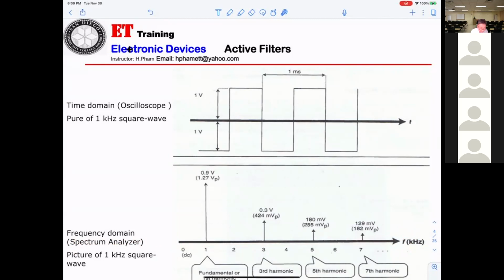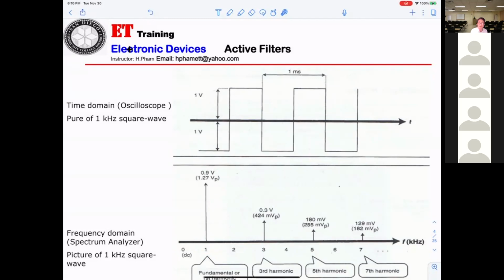So even if you have a square wave or sine wave, in the spectrum analyzer you cannot see it like on the scope. The spectrum analyzer just tells you, at a certain frequency, what the voltage is at the output. For example, at 1 kilohertz you get an amplitude of 0.9 volt. At 3 kilohertz, you get 0.3, and so on.